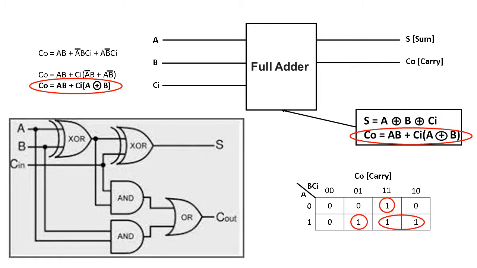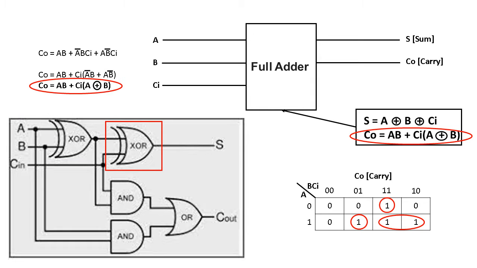If we now draw the circuit diagram, this is how the circuit diagram will look from the result. First watch the function that we have derived for the sum, that is A XOR B XOR carry input Ci. See, the two inputs A and B are passed through the XOR gate. Now the result, along with the carry input, will pass through another XOR gate.